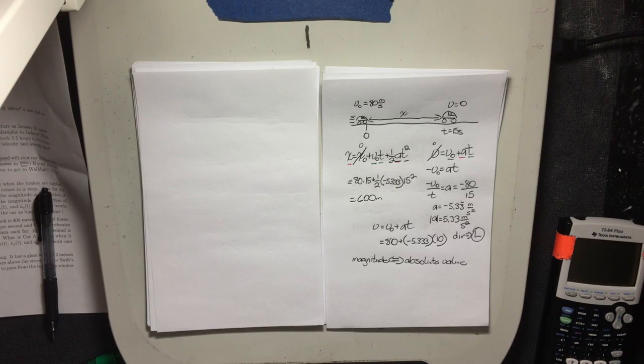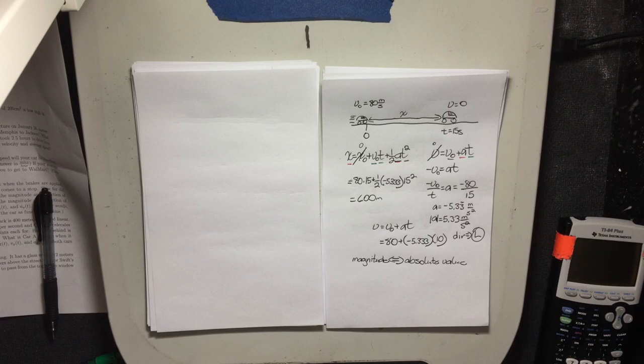Answer, A was originally negative before we took the absolute value of it, so it has to be left. So 5.33 meters per second to the left. Magnitude doesn't deal with units, it just deals with what that number is.